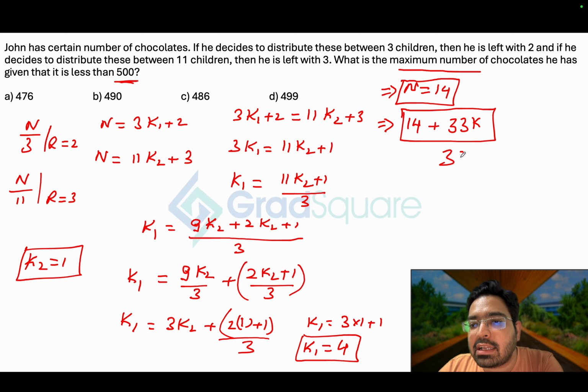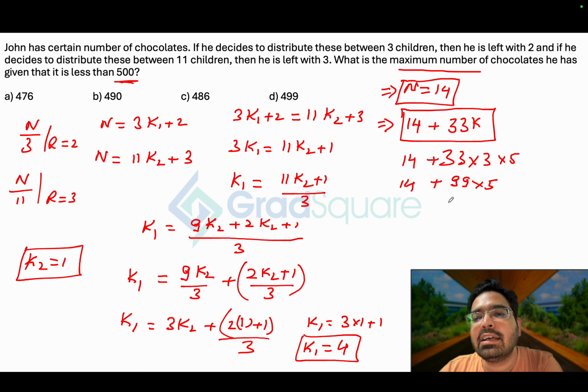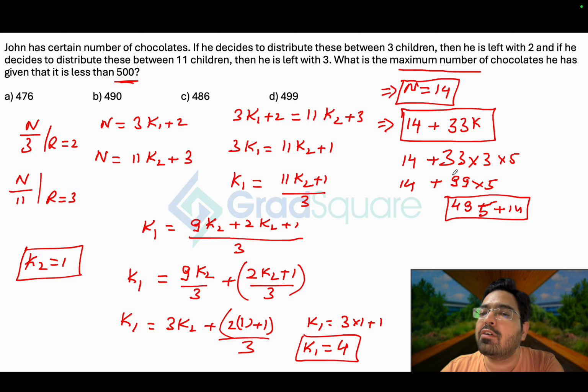So 33 into 3 will give me closer to 100. Multiply that by 5, it will give me closer to 500, right? So if I test this value, I'm going to get 99 into 5 plus 14, which is 495 plus 14, which is of course greater than 500. So I'll have to go one step lower than this particular piece.